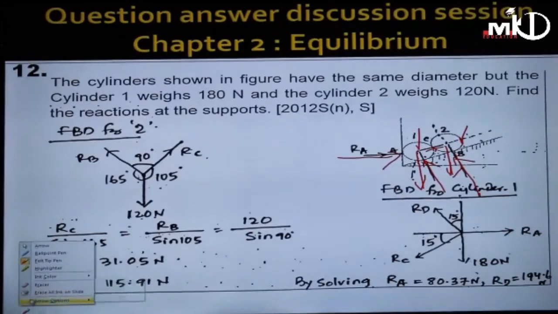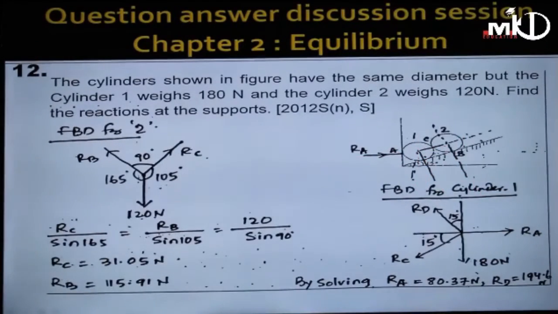So now let's start. If you consider body 1 first, how many forces are there in body 1? RA is 1 force, the weight is the second force, another force RC and another force RD. So there are 4 forces, out of which 3 forces are unknown, which is very difficult to solve because it is an equilibrium case.